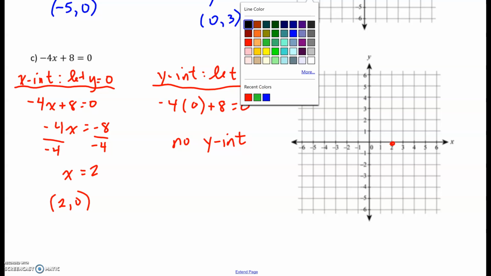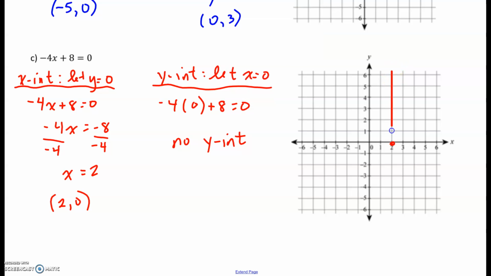We know we have a line going through the x-axis at 2. So vertical line, we'll put arrows on the ends, and then we'll label that negative 4x plus 8 equals 0. And so just to point out, we know that x equals 2. This was the intercept, but it's also the equation of that line once you rearrange it.